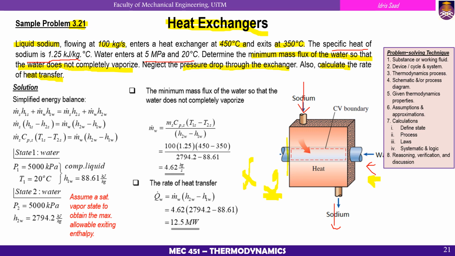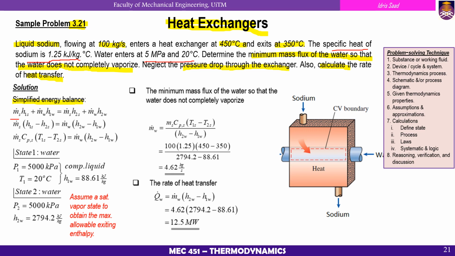Based on the energy balance equation, we already simplified it. We have two substances now. The first substance is sodium. The second substance is water. So we can use the equation that we derived in the previous slide.